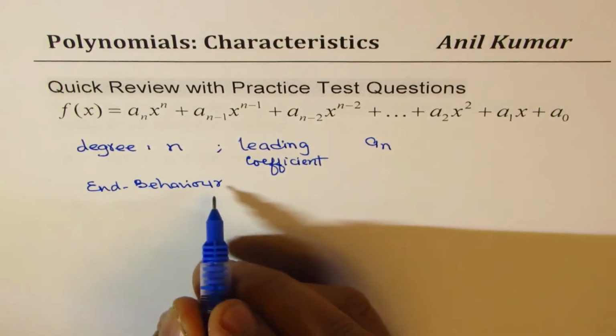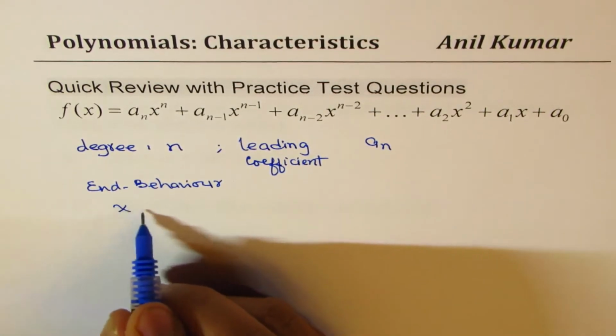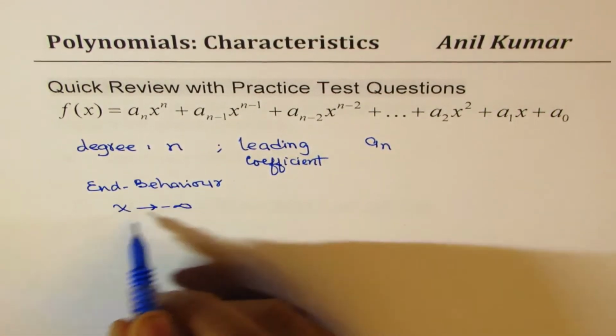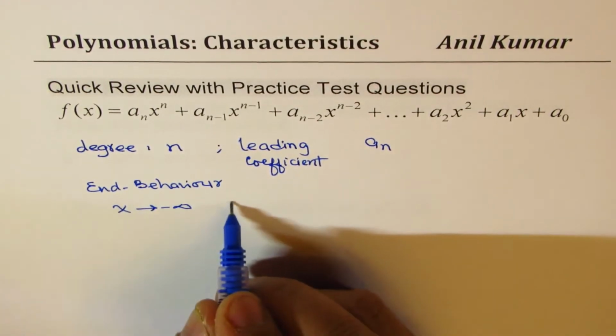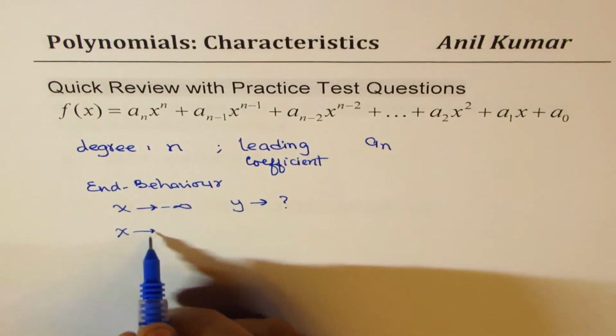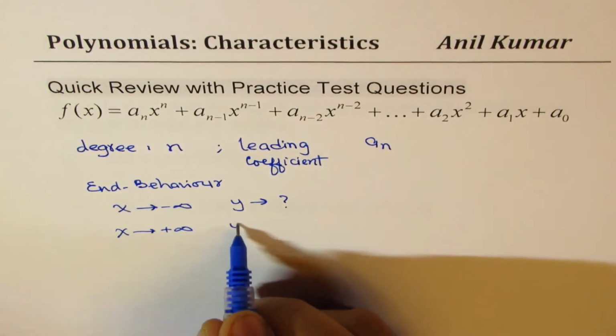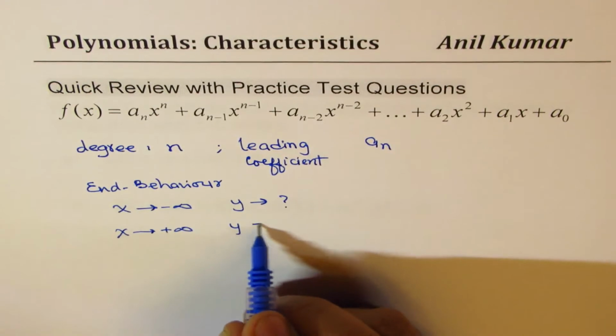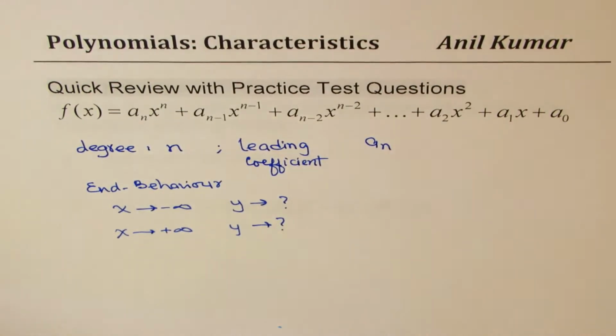When we say end behavior, we are trying to figure out that if x value is negative large, approaching minus infinity, what happens to y, right? And if x value is approaching positive infinity, then what happens to y value? There are very simple rules to follow and remember.